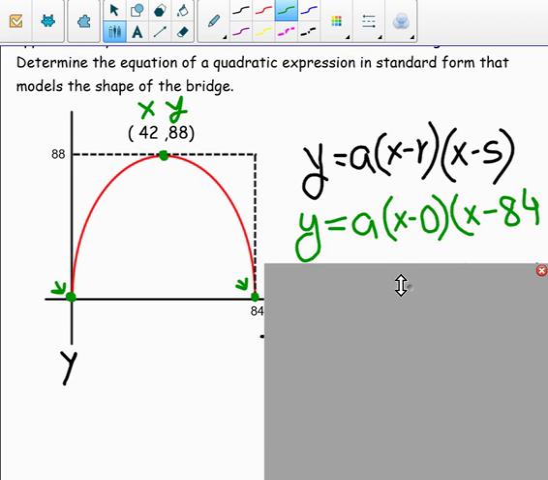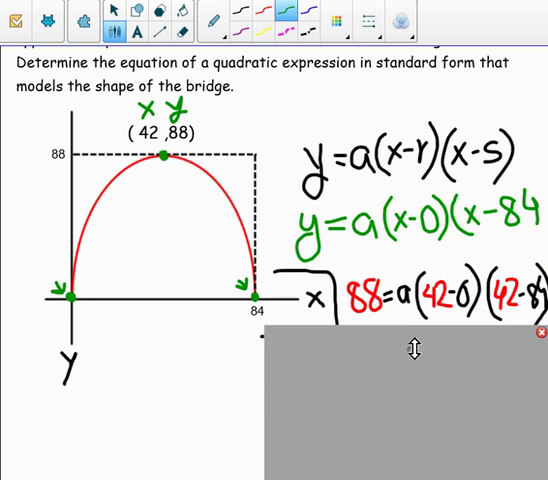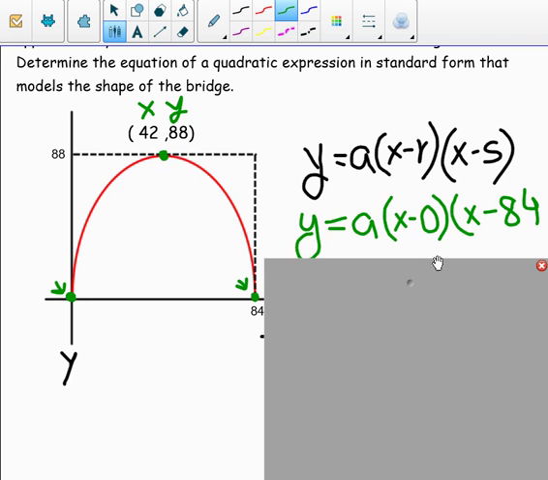Now we will solve this. Before I move this down, we have to remember that after putting in 84 and 0, we have the x and y value of the top right here. So that's 42 and 88. This is called the vertex, and this is an upside down parabola, and we'll prove that after.